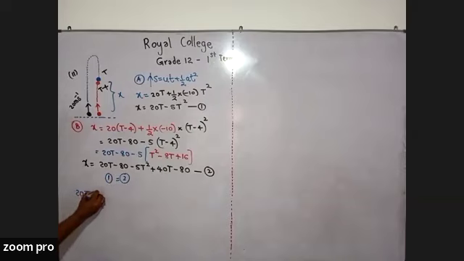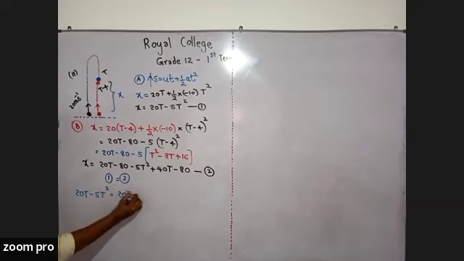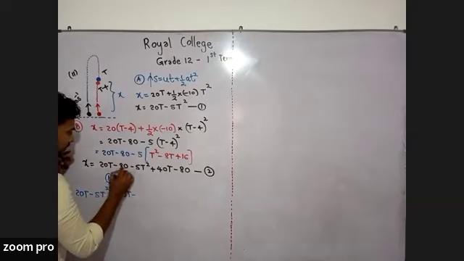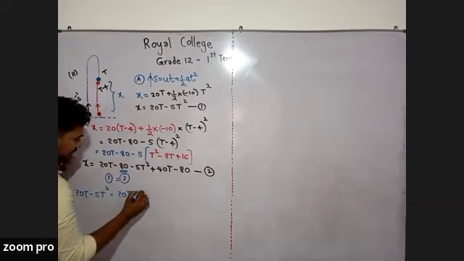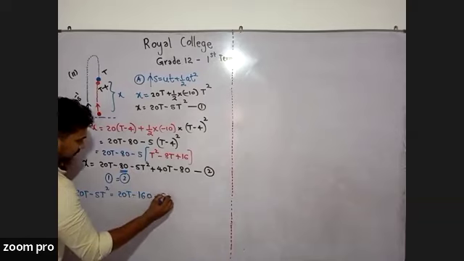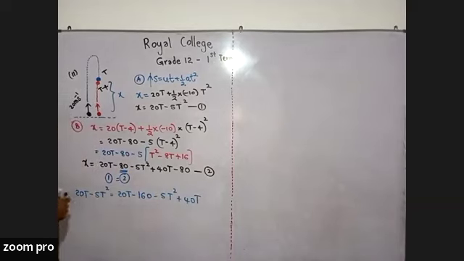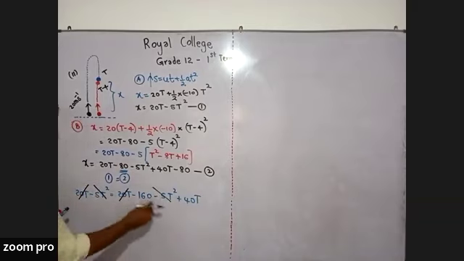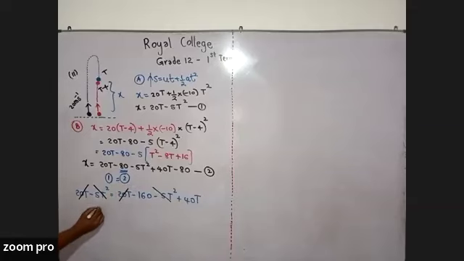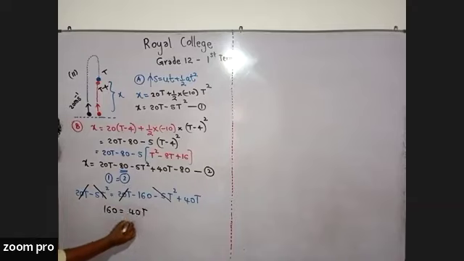Then 20t minus 5t squared equal 20t minus 80 minus 80, that means minus 160, minus 5t squared plus 40t. Then these two can be cancelled. If I take this minus 160 to the opposite side, then 160 equal 40t, then t equal 4 seconds.